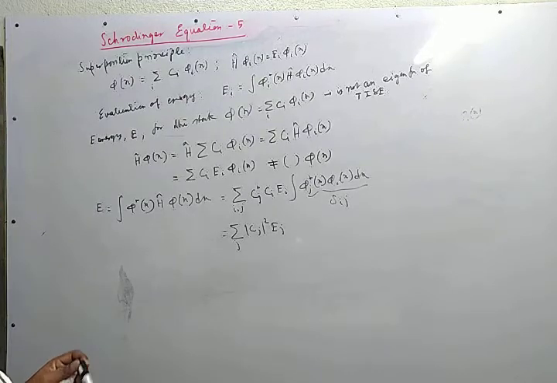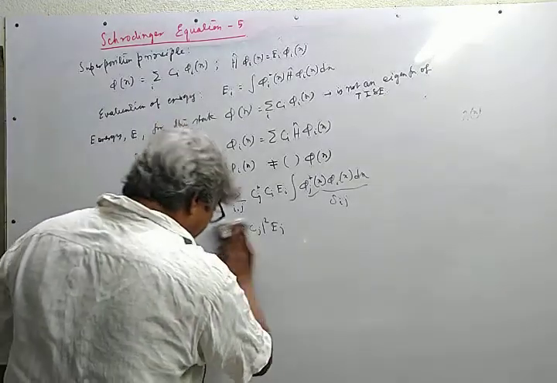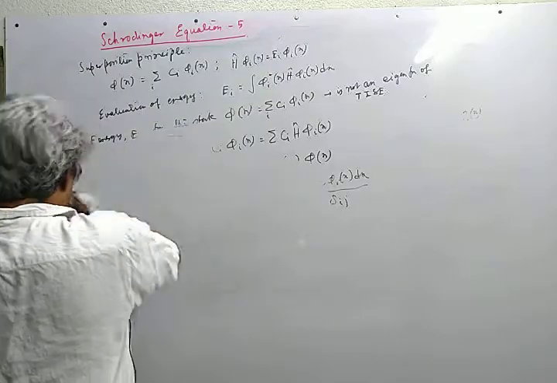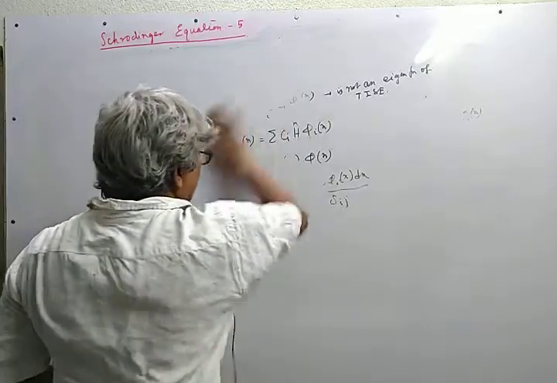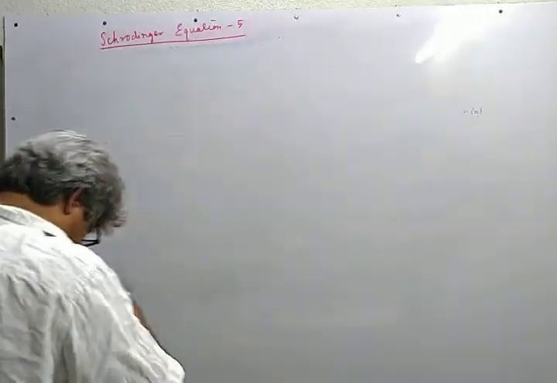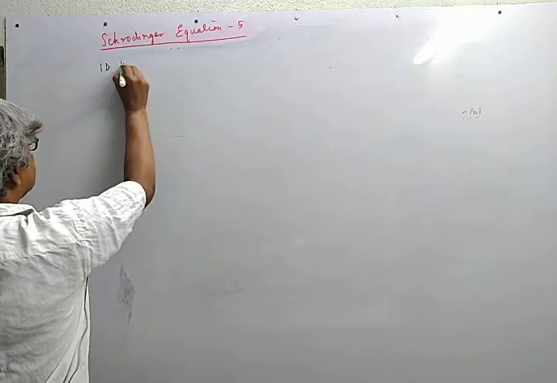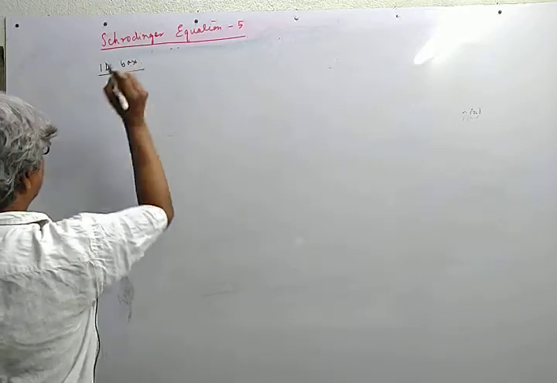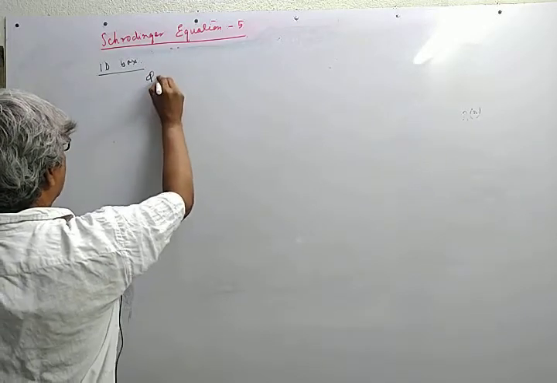Now let me apply this concept to a simple problem. Consider a particle within an infinite potential well. So we know the wave function and we know its properties. The wave function is that of the particle in a 1D box.